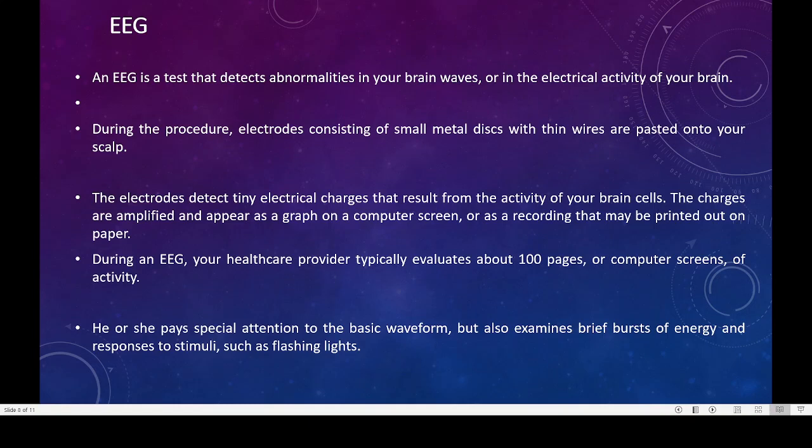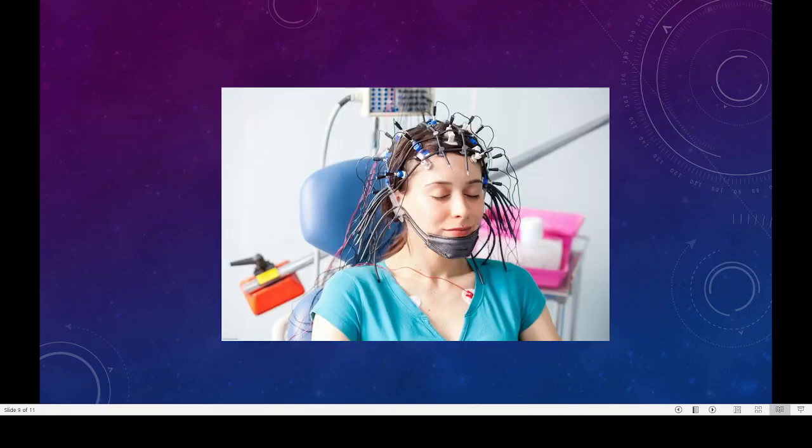That is then taken to a computer, and using a computer program, this amplified electricity can be measured in the form of a graph, and that is what we call EEG. So EEG basically keeps picking up the very small electricity produced by your brain, and that electricity is finally amplified.